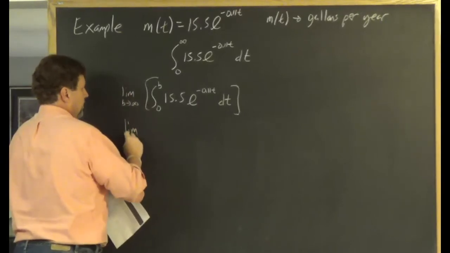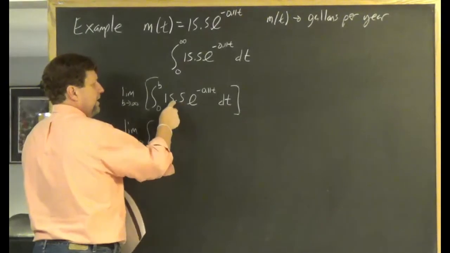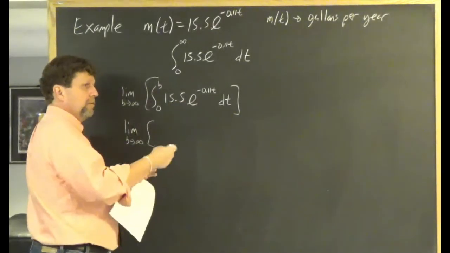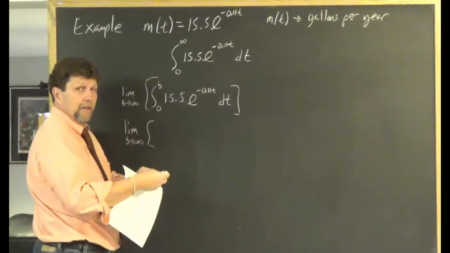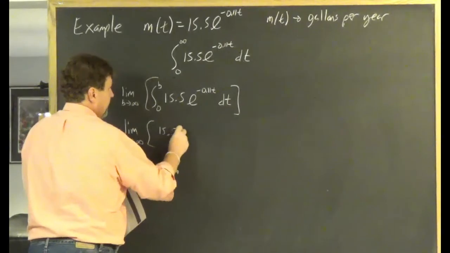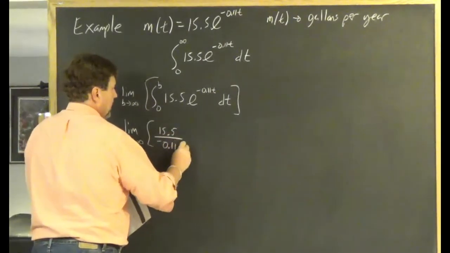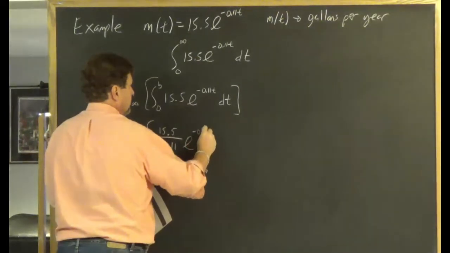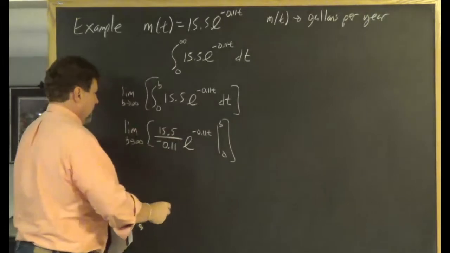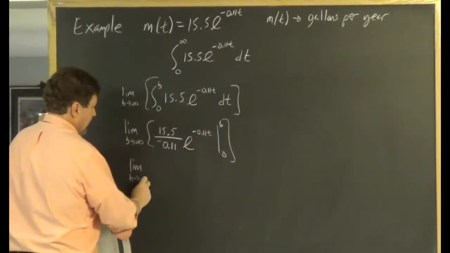Now we do the calculus inside the brackets. And, again, this is a very, very friendly antiderivative, as long as we remember that little formula that we saw back in chapter 6. We immediately get 15.5 over negative 0.11, and evaluate that from 0 to b. So that gives us the limit as b goes to infinity.